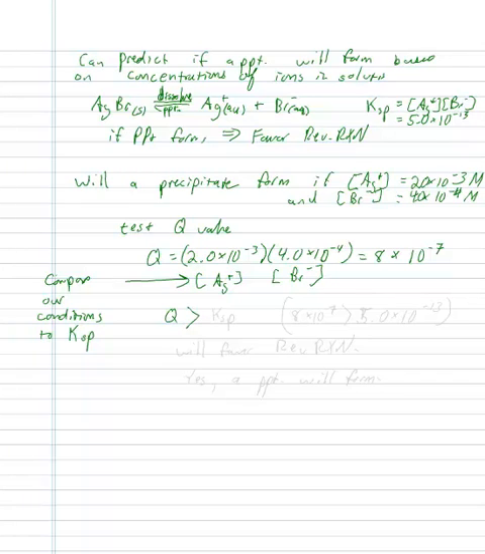And I'll just abbreviate that: 8 times 10 to the negative 7 is greater than 5.0 times 10 to the negative 13. That's our Ksp for AgBr. So it's much greater, so we will favor the reverse reaction. So yes, a precipitate will form.